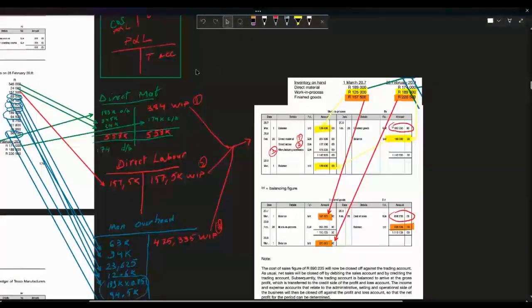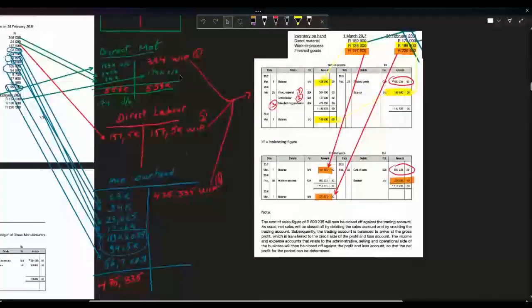So this is the amount that is allocated to the finished goods. After the work in process, we have the finished goods, and the finished goods would be an account in itself with a left and a right.